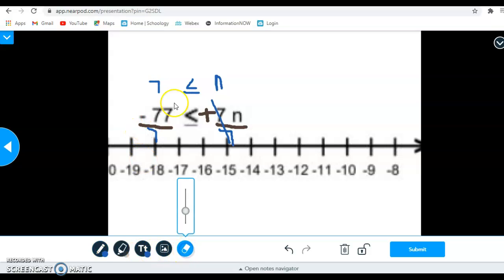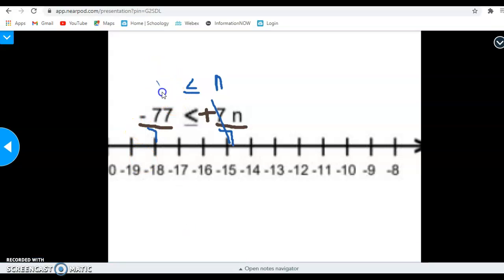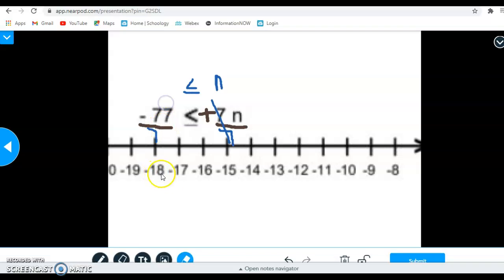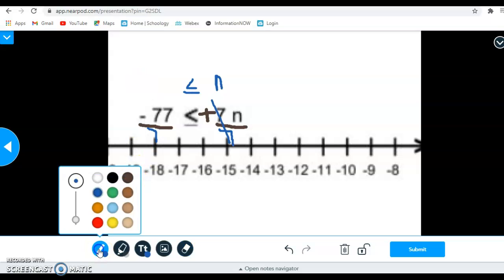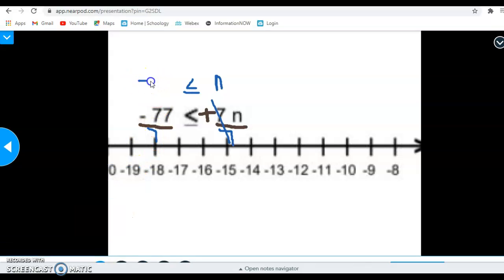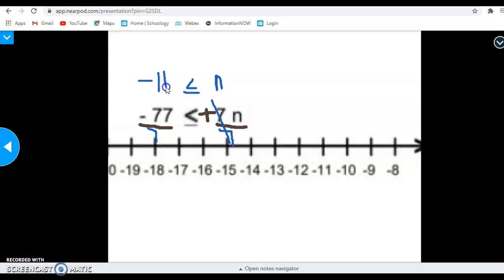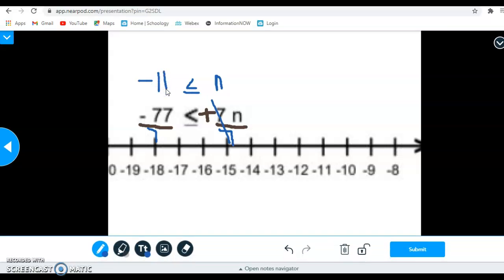Once we divide, we're left with a negative 11, right? Because negative 77 divided by 7 gives us negative 11. Now it looks like a normal problem that we can just go ahead and graph.